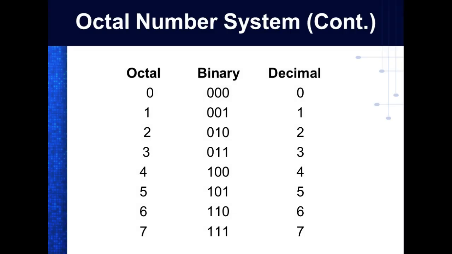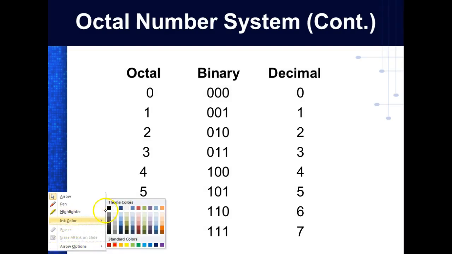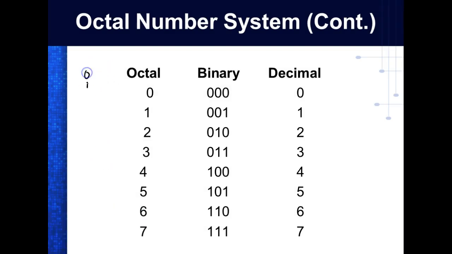So if I was going to count in octal, what would we do? We're going to start off with 0. We'd go 0, 1, 2, 3, 4, 5, 6, 7. What comes next? 1, 0. And like I said, 1, 0 is always the base. And then I'd go 1, 1, 1, 2, 1, 3, 1, 4, 1, 5, 1, 6, 1, 7.